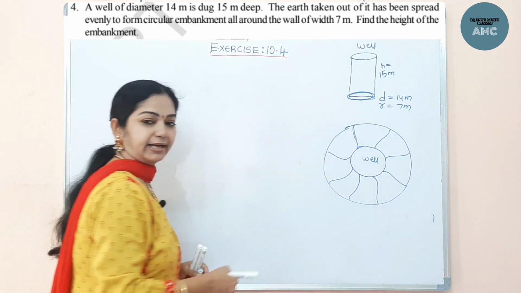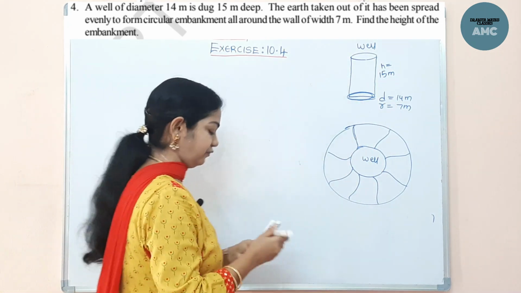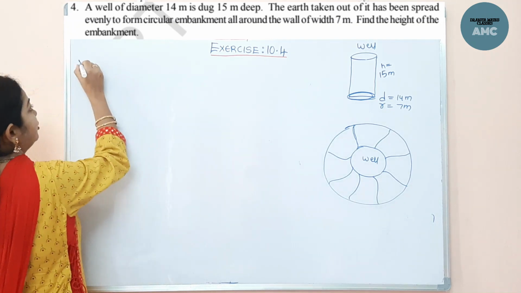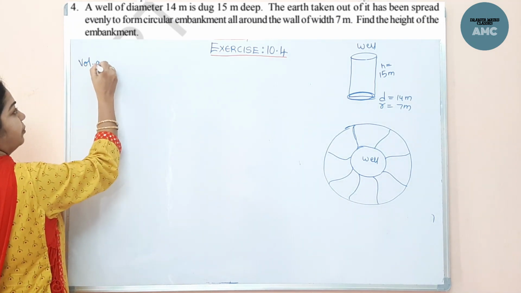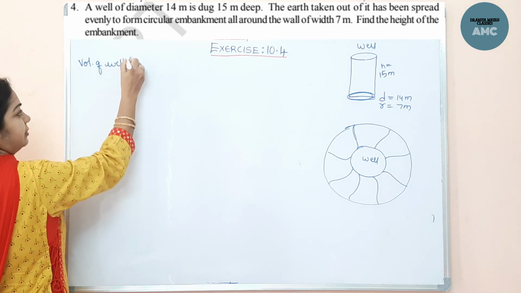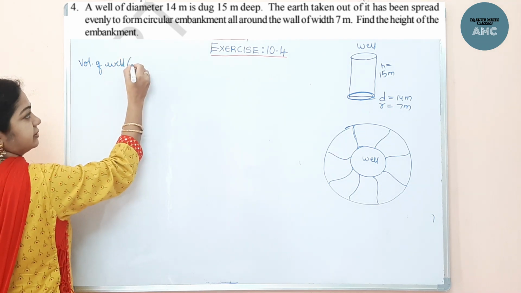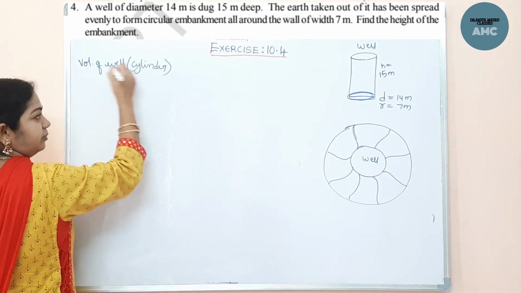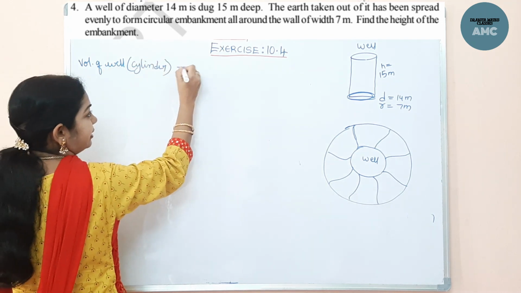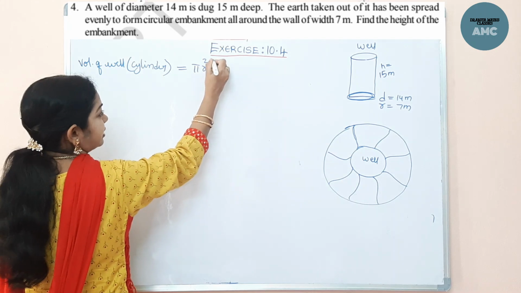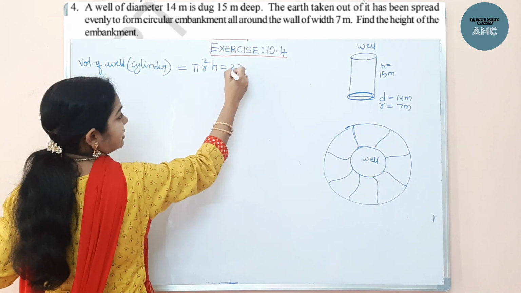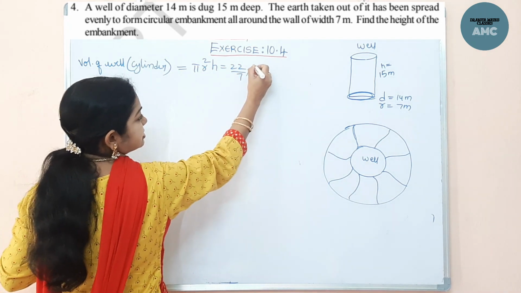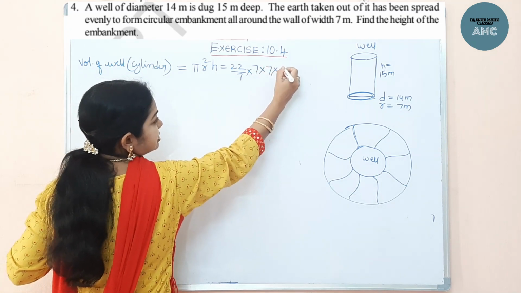So we will find the volume of the well. That means we write the volume of cylinder, well in the bracket, is equal to pi r square h. Now 22 by 7 into r value 7 into 7 into h is 15.